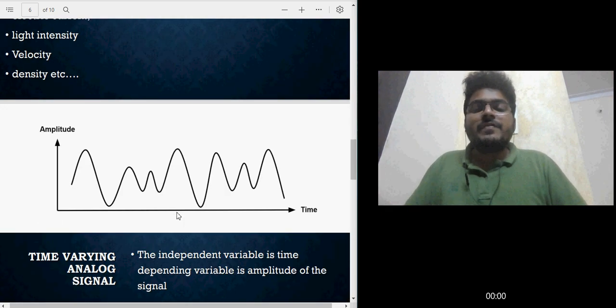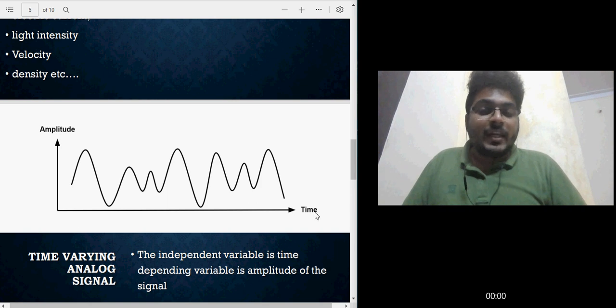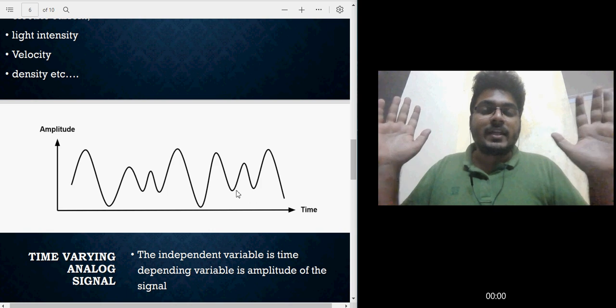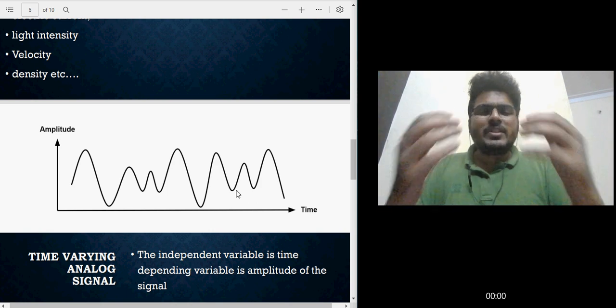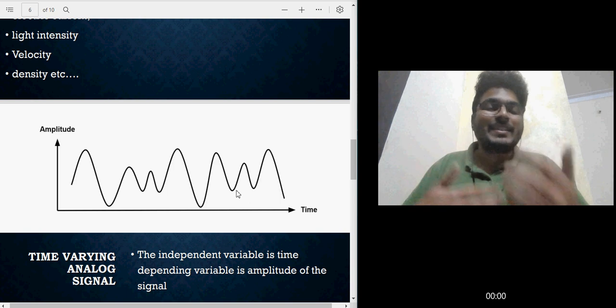Now let's take a very simple thing. Now we have time, we have amplitude. So a process is being generated. Now looking at this graph, what do you actually mean? Let's take a truck. I'm generalizing what a signal is, so how can you better understand a signal?